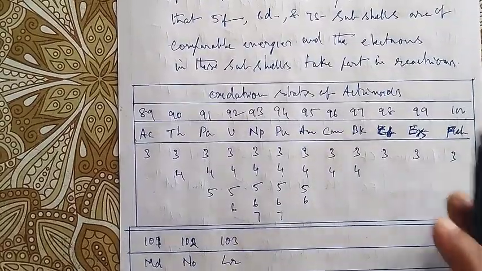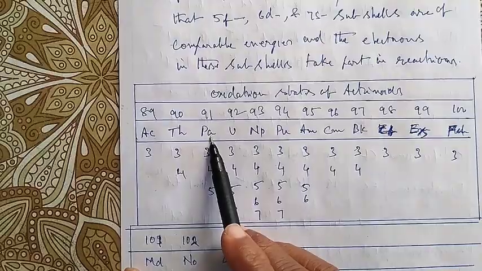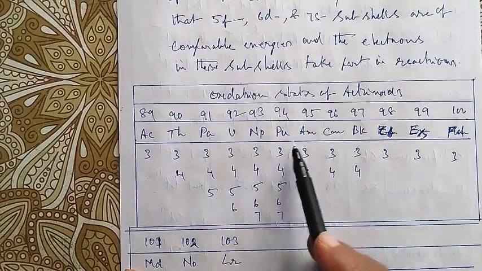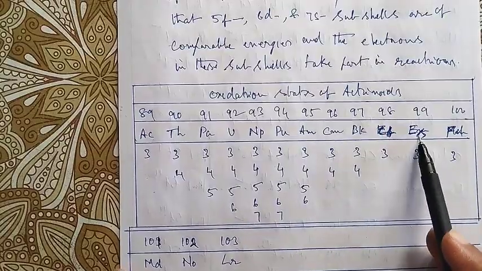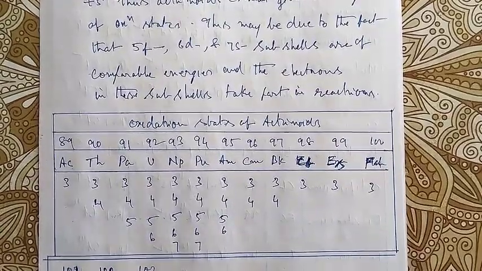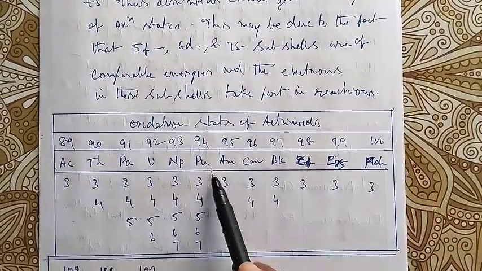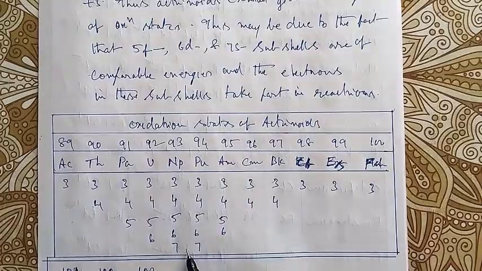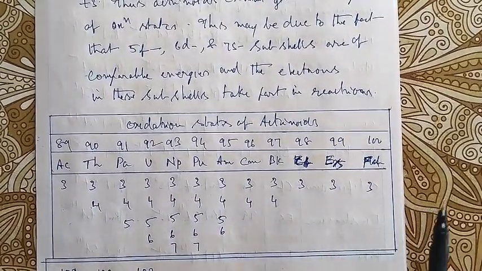So the oxidation states are shown here. This is actinium, thorium, protactinium, uranium, neptunium, plutonium, americium, curium, berkelium, californium, einsteinium, fermium, mendelevium, nobelium, lawrencium. So here in all the actinides, neptunium and plutonium show maximum oxidation states, whereas the +3 oxidation state is common for all the actinides.